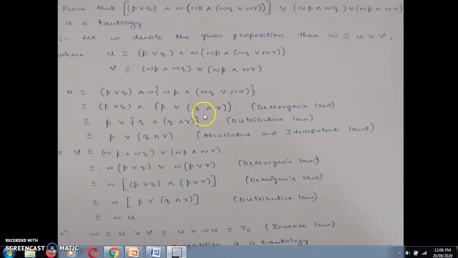If you see the second step, we have written this by using De Morgan's law, not a theorem.